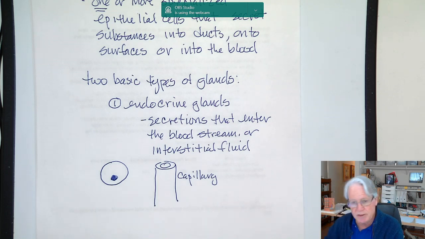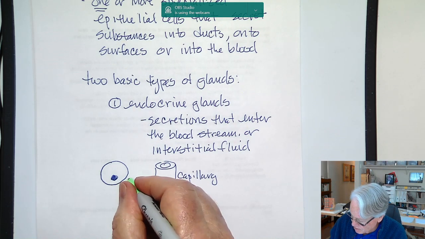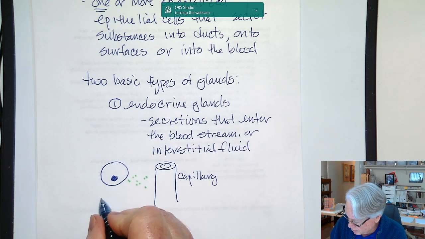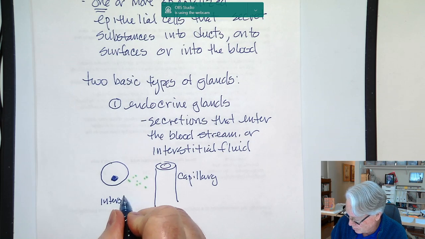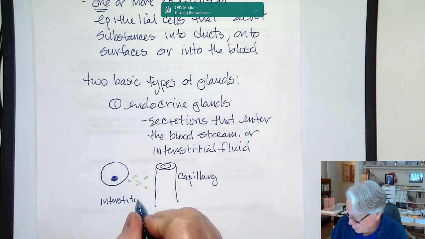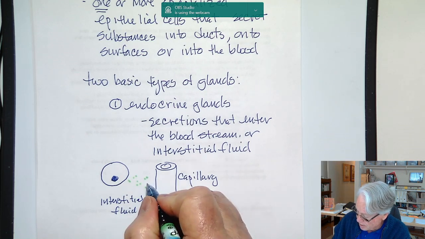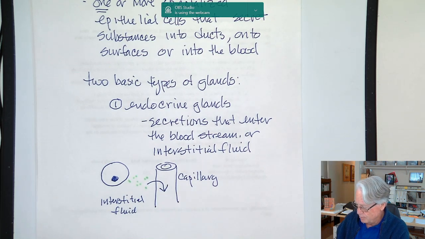We don't know what it is. So it's releasing this secretion, and the choices are interstitial fluid, or it can actually enter into the bloodstream.